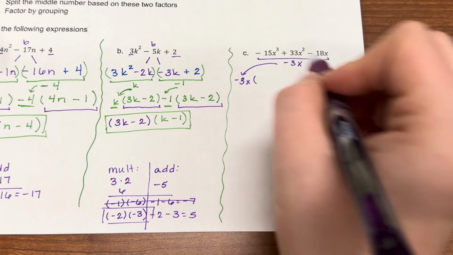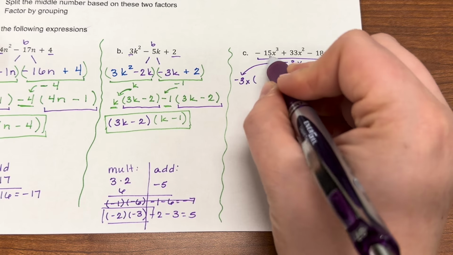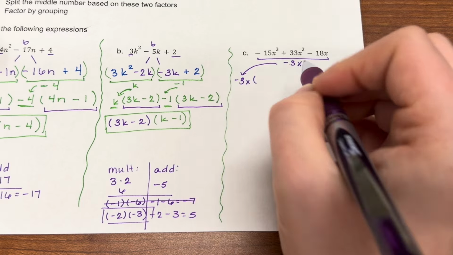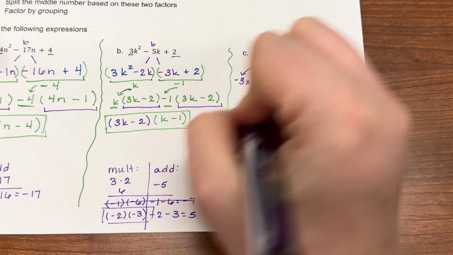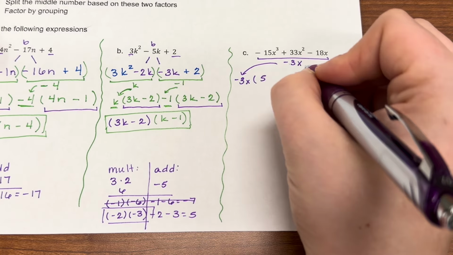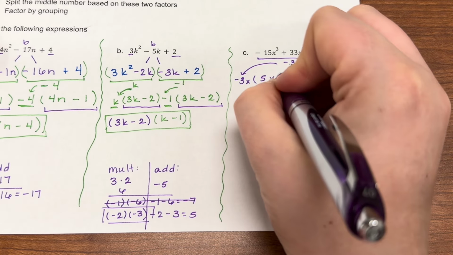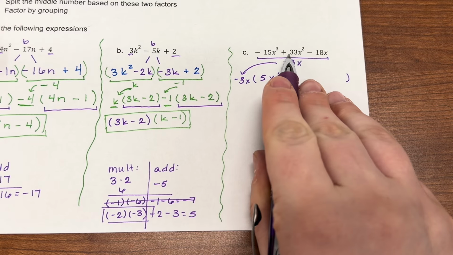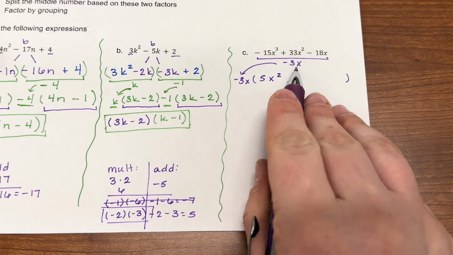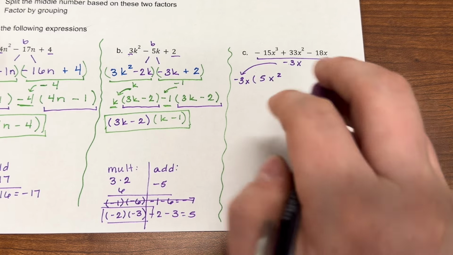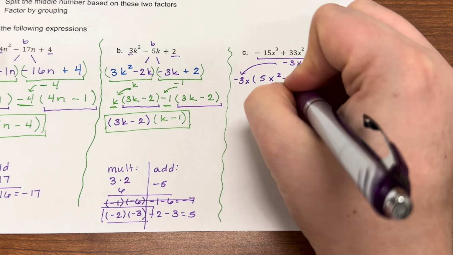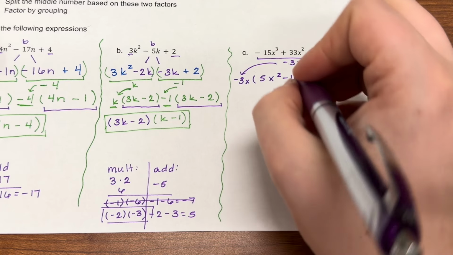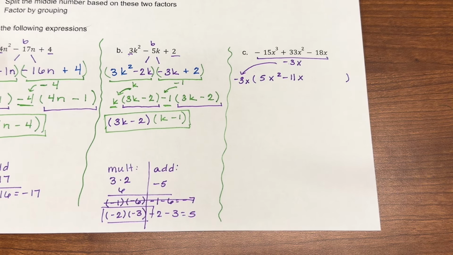Negative 15x cubed divided by negative 3x. Negative 15 over negative 3 gives us a positive 5. x cubed over x gives us an x squared. On to the next term, 33x squared over negative 3x. 33 over negative 3 gives us a minus 11. x squared over x gives us an x.